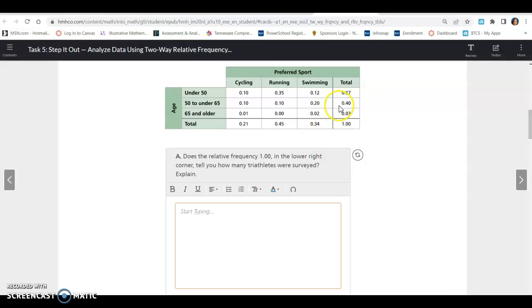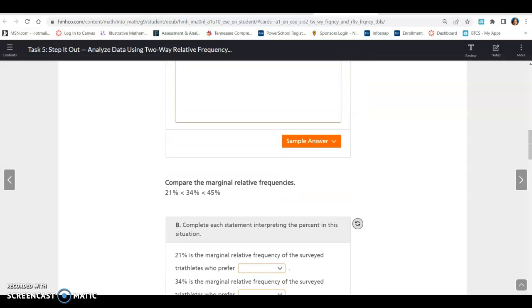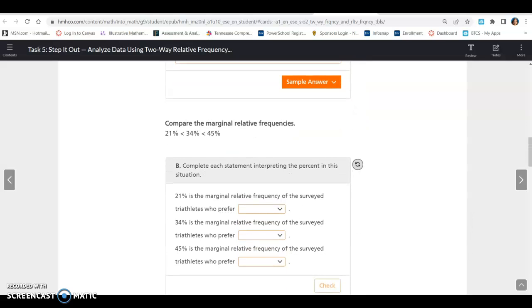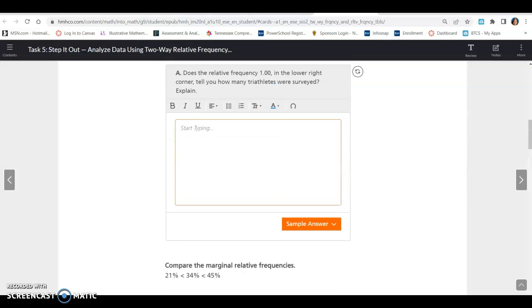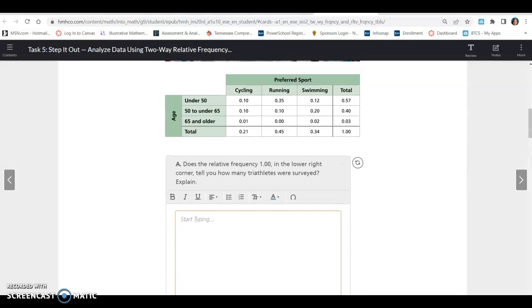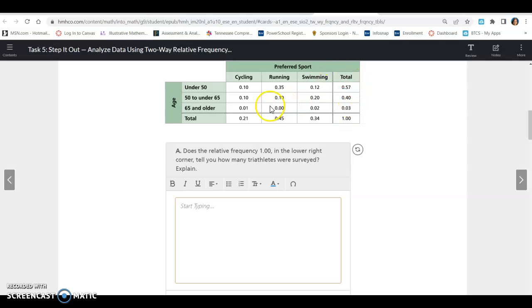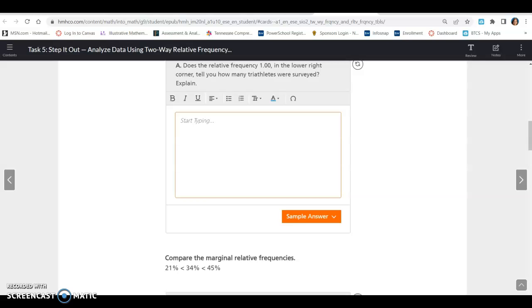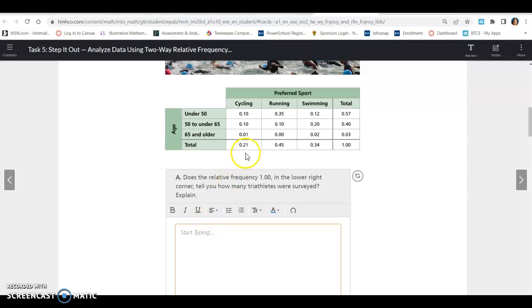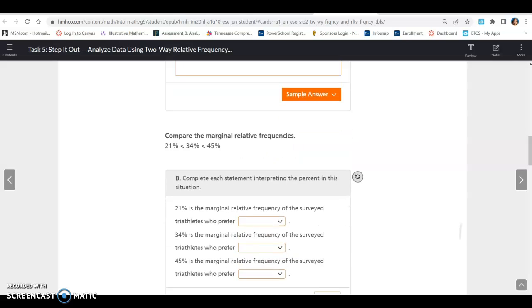No, it simply tells you that this equals 100% of the total that have been surveyed. All right, so compare the marginal relative frequencies, 21, 45, and 34. So they've got 34 here in the middle, but these are coming from the totals here on the bottom. So this was cycling, swimming, and running.